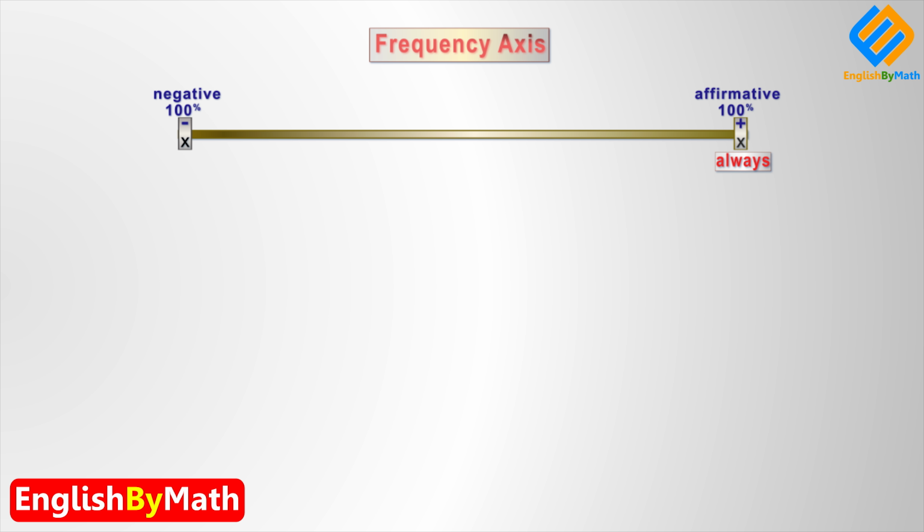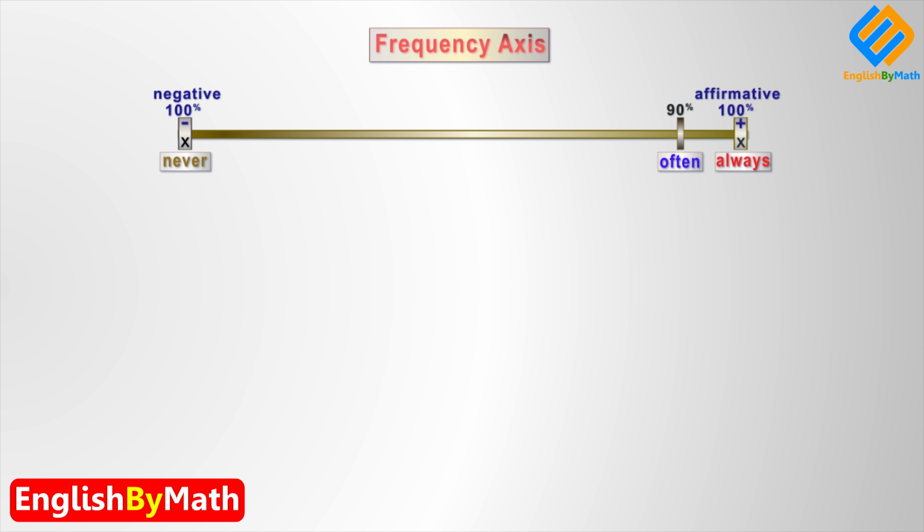Always means 100% affirmative. Never, on the other hand, means 100% negative. Never is therefore the opposite of always. The words often and rarely behave in the same way.